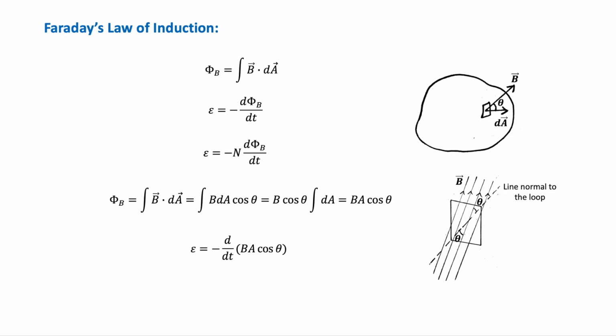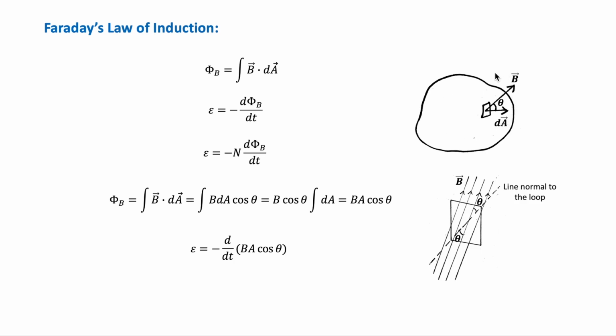So to understand this, we will define a quantity known as the magnetic flux, which is proportional to the number of magnetic field lines passing through an area. Okay, the same way the electric field flux is proportional to the number of electric field lines passing through an area. So consider this arbitrary shape here shown.